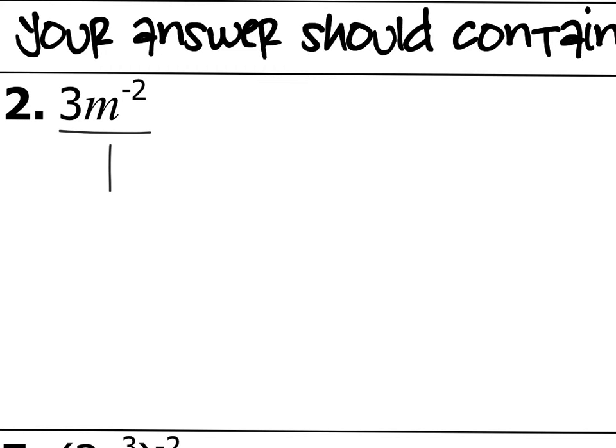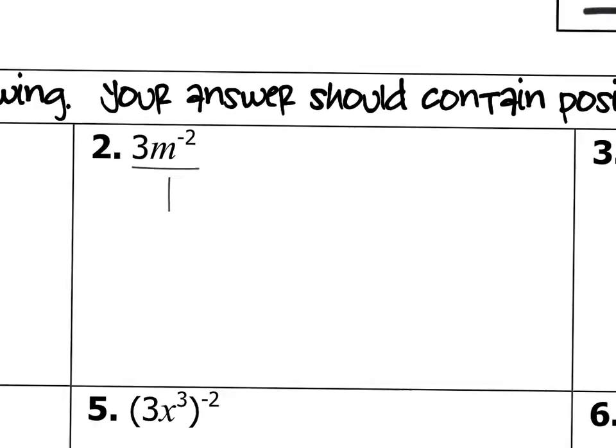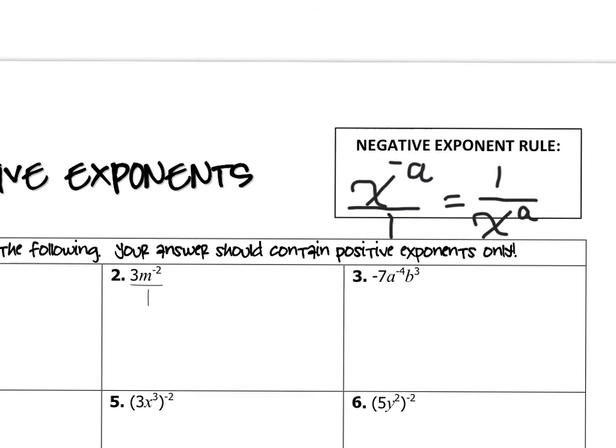And what I want to remember is that with my negative exponent rule, if I have a number in front of my variable, such as 2x to the negative second power over 1, when I use the negative exponent rule, the only portion that gets flipped to the other side is the negative exponent and the base of that. And the base of that is just x.